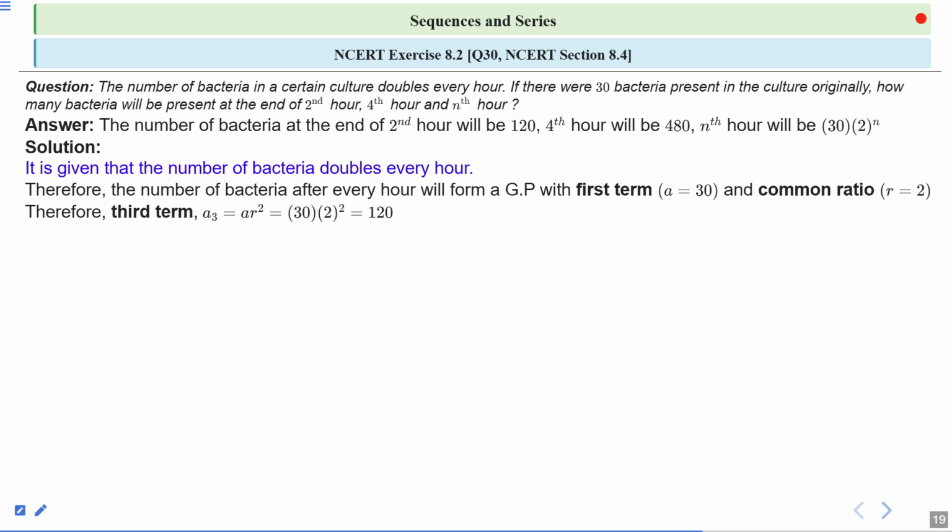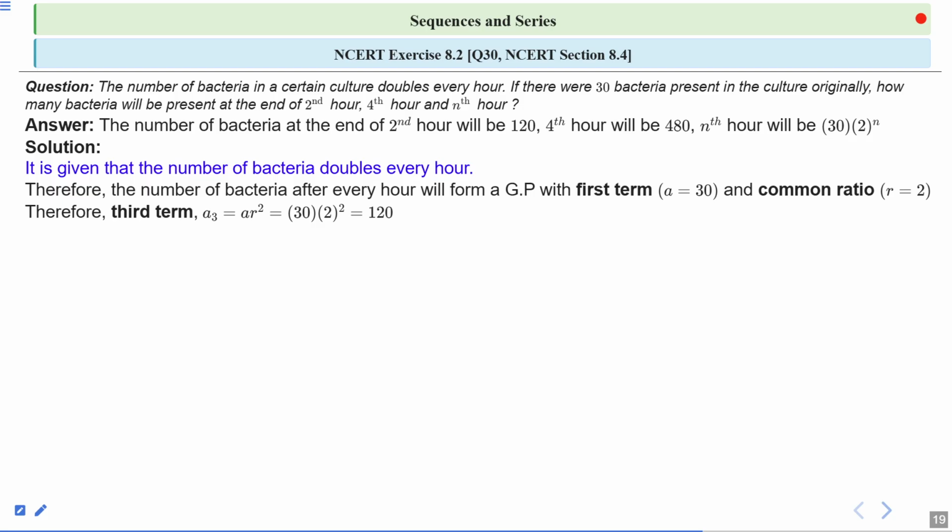So the third term A3 will be A times R square. As we know, the general term of a GP, AN equal to A times R to the power n minus 1. So now the third term A3 equal to A times R square. Here the first term is 30 and common ratio R is 2.